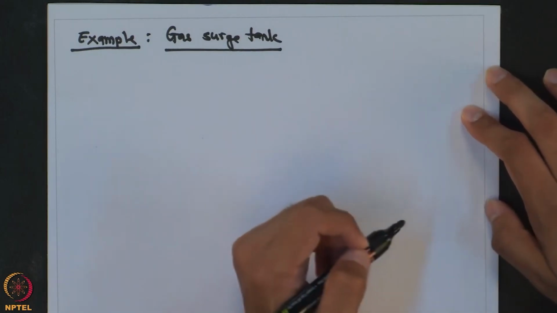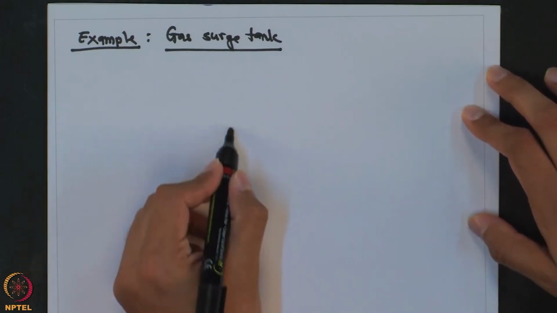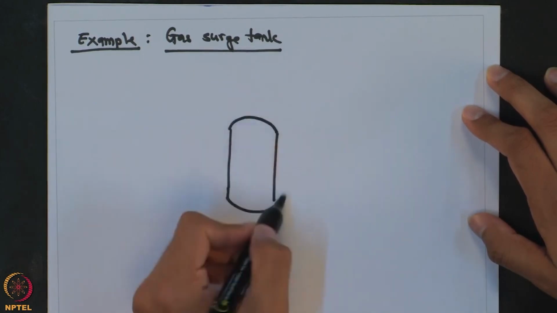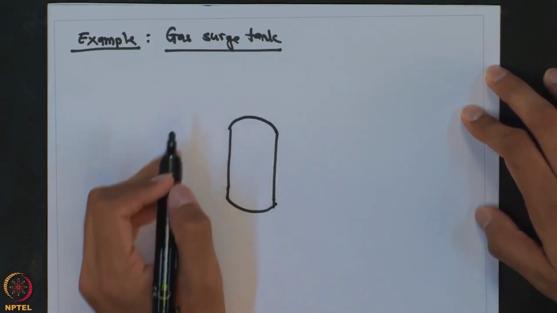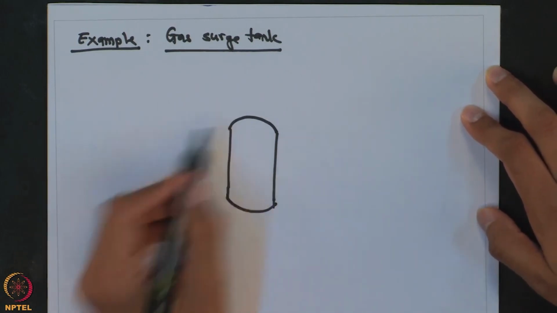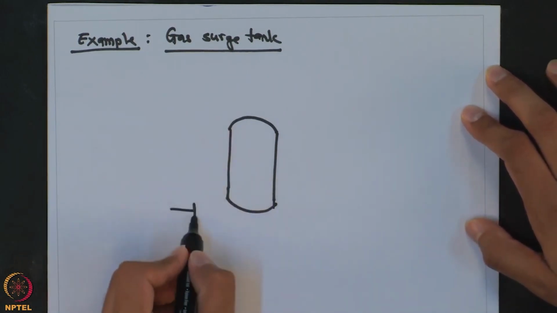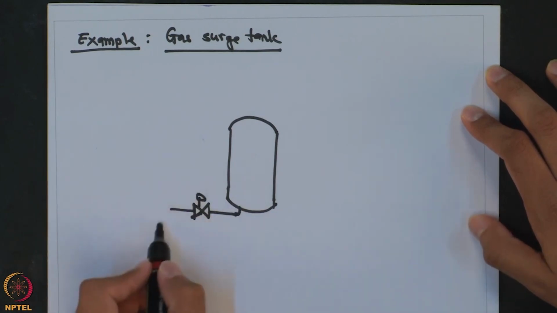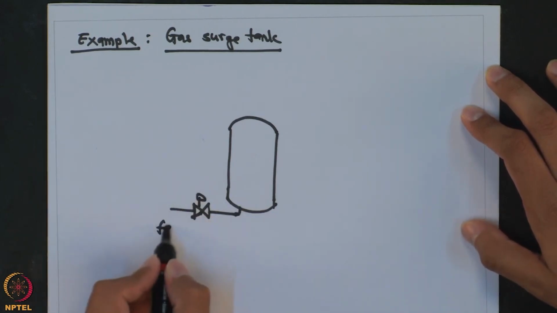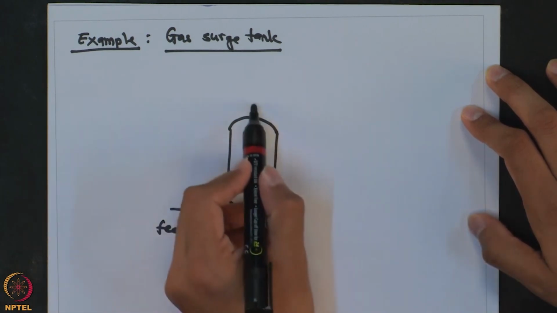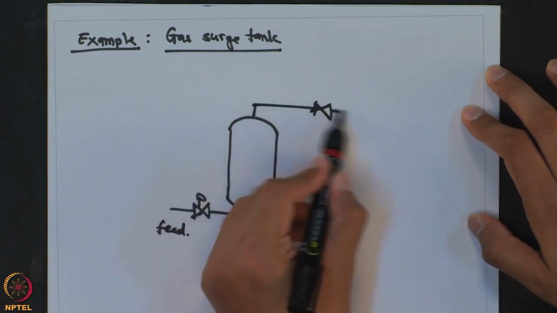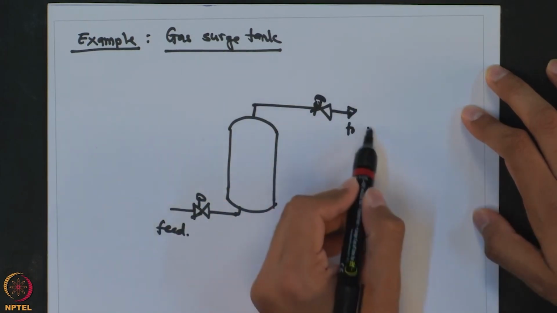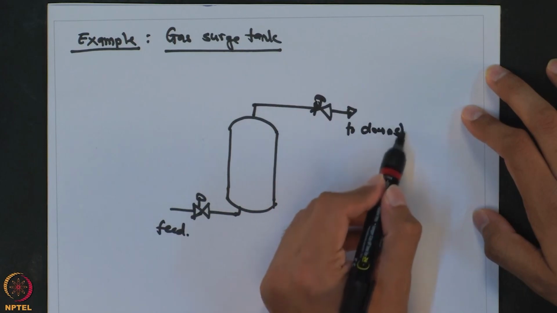This time, just for a change, we will take a gas surge tank, which means it is a dry tank. Lot of times whenever you have gas as a raw material, you would have a dry tank where the feed gas will come from the storage or from a customer pipeline. So, this is the feed flow. And then it will go to the downstream process.